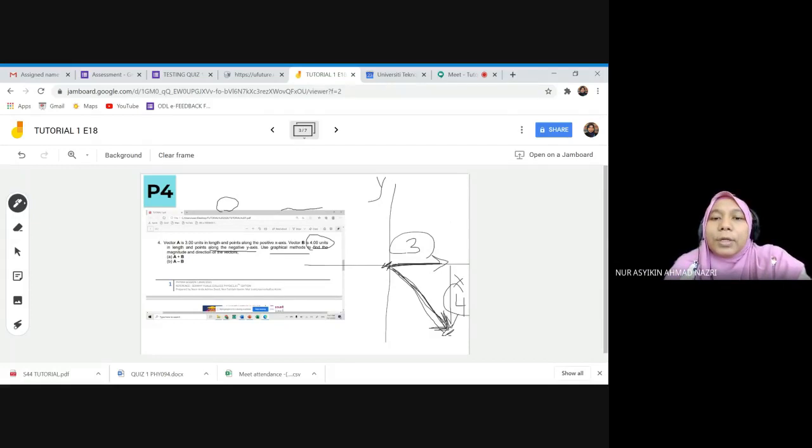So direction kita akan gunakan tadi protractor saja. Tariklah angle yang bawah ni. But the angle that you find is, okay, so if you notice here, it is in the fourth quadrant. So you need to explain this. I mean, your angle here, you cannot simply write, let's say 30 degree, for example.